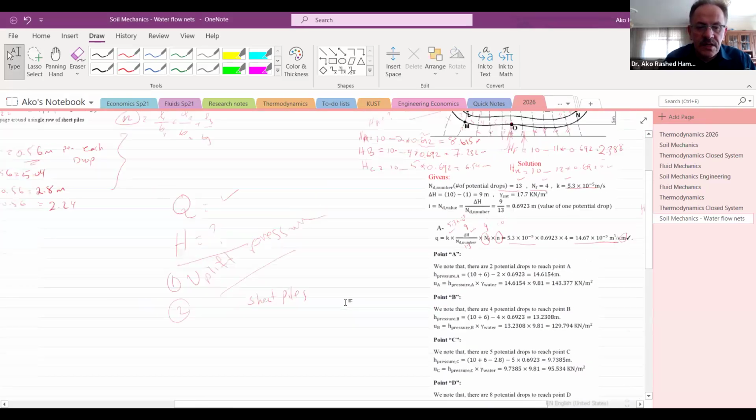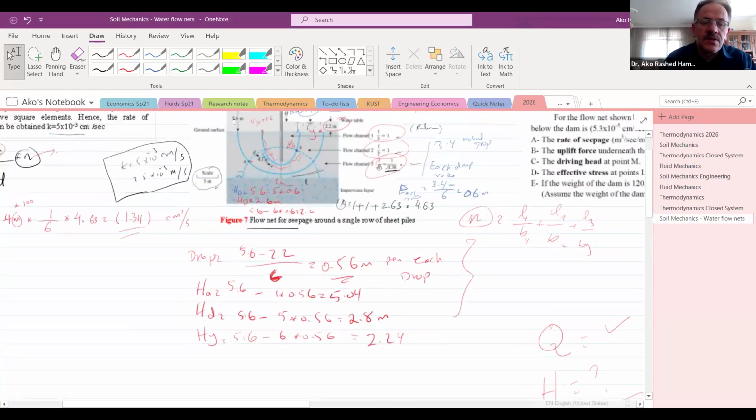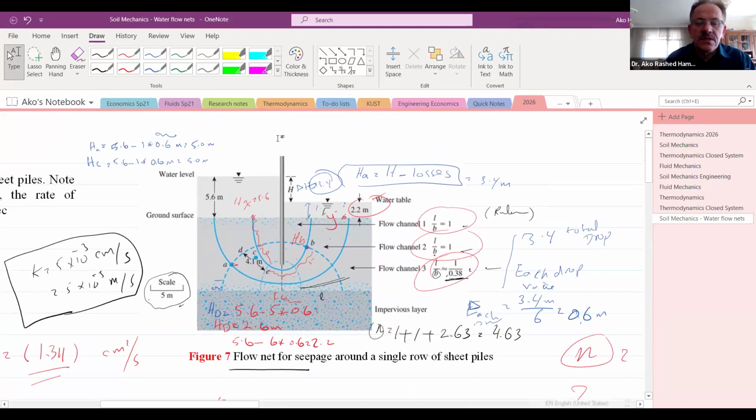The sheet pile is like this. We need to know the length, the depth of the sheet pile in the soil.